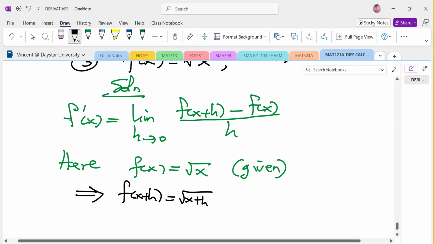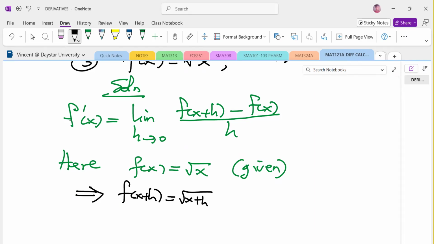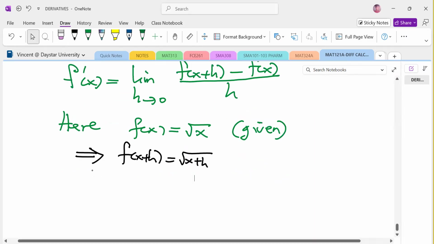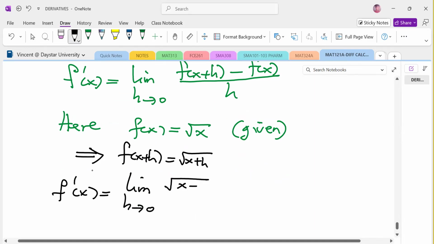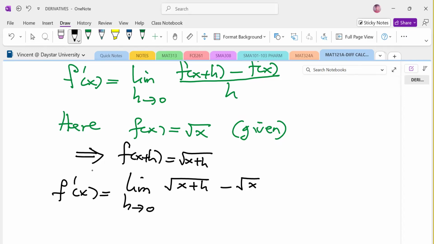Now remember, square root of x plus h cannot be split as root x and root h. It's actually in the simplest form. So it remains the way it is. So when you replace into the formula, f prime of x will be the limit as h approaches 0 of the square root of x plus h minus the square root of x divided by h.